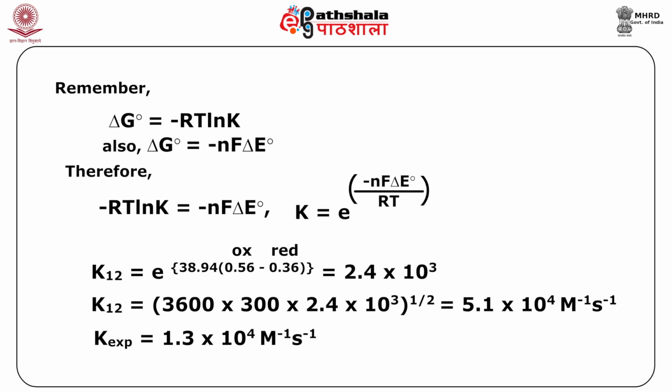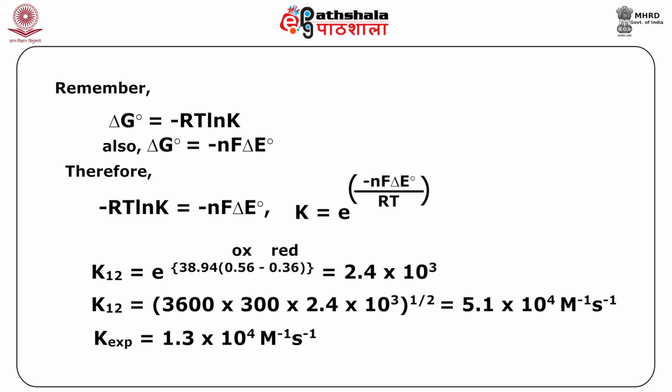So K12 overall is given by K12 equal to e to the power 38.94 times the difference between the oxidant and reductant, that is 0.56 minus 0.36, which equals 2.4 into 10 to the power 3. Overall K12, that is, the rate constant, not the equilibrium constant in this case.